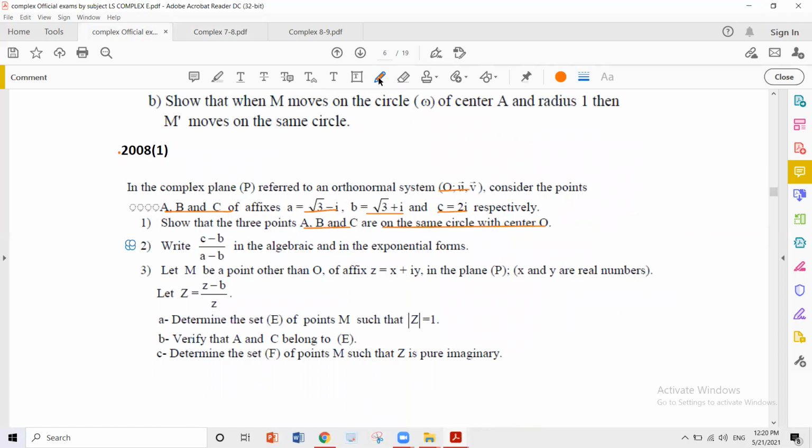Part 2. Write C minus B over A minus B in the algebraic and the exponential form. هيدا simple.